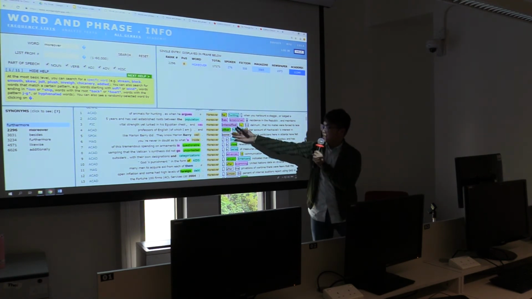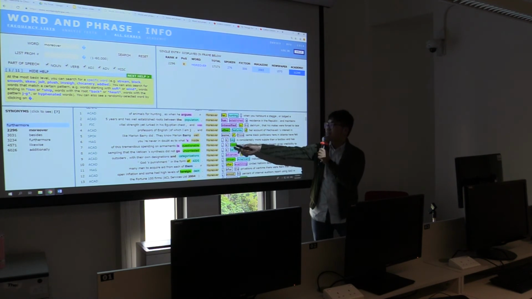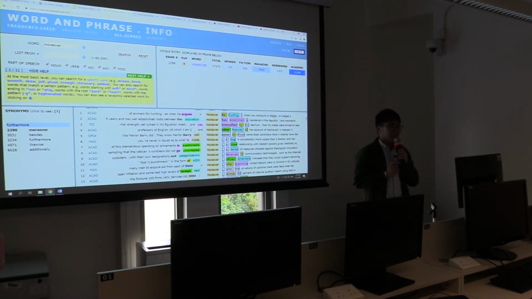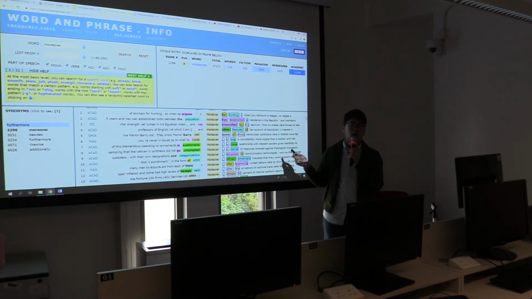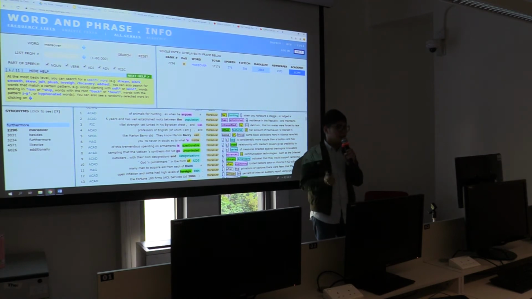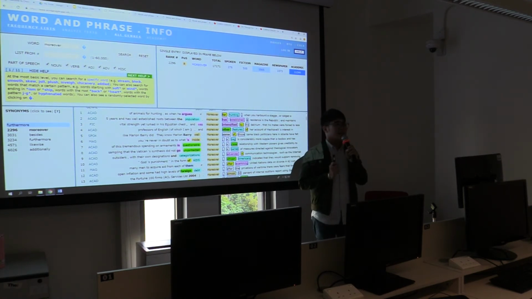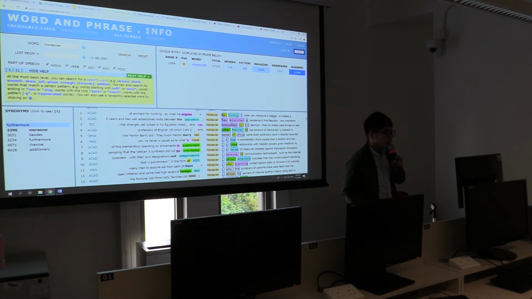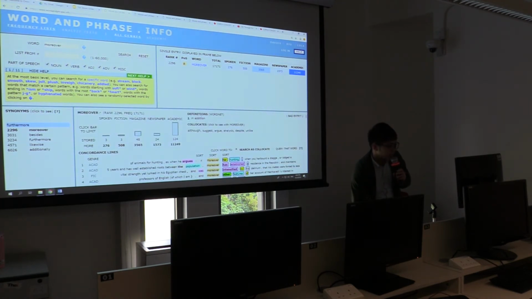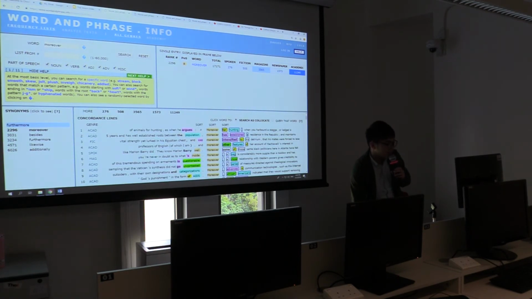It is usually placed at the beginning of a sentence, separated by a comma. So this is how you can use words and phrase info. It tells you the meaning of the word, where it is used, what words appear with moreover, as well as how you use it.